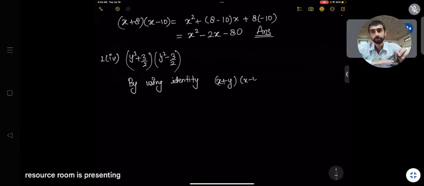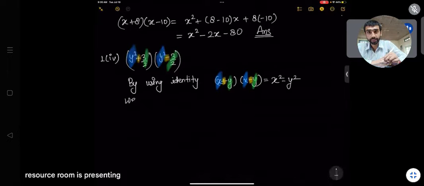Who is next? Joshita, if x plus y, x minus y, what it is equals to? It is identity 3 beta, it will be equal to? Correct beta, x square minus y square. Who is next?